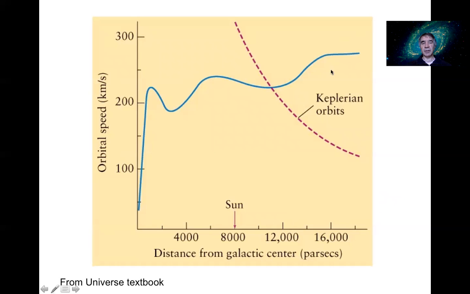If anything, it's rising. That is what's normally referred to as a flat rotation curve, and it's very similar in all other spiral galaxies as well. We'll come back to this in workshop 5, but I'll just highlight it here.